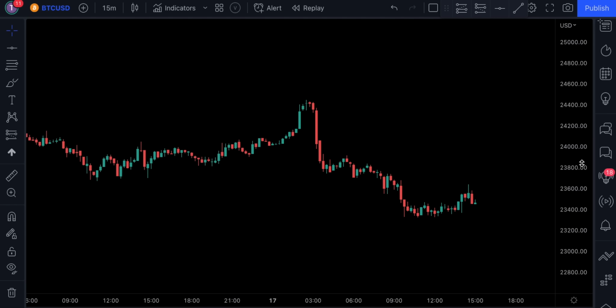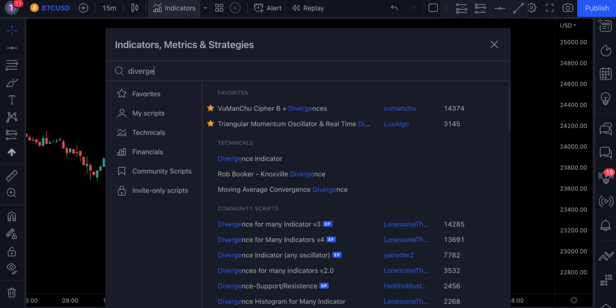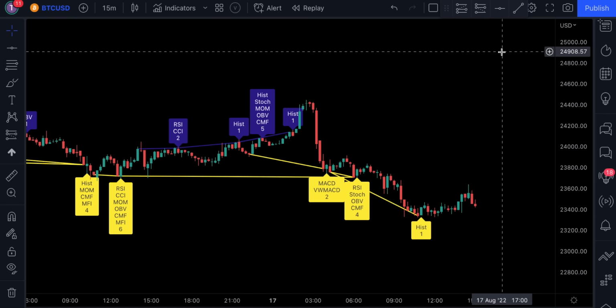So the main indicator this strategy is based on is called Divergence for Many Indicators V4 by Lonesometheblue. This tool is very popular, it's got over 13k likes. It basically searches for divergences on chosen indicators such as RSI, MACD, MACD histogram, stochastic, CCI, unbalanced volume, VW MACD and checking money flow.